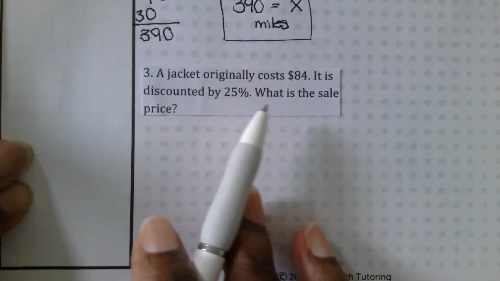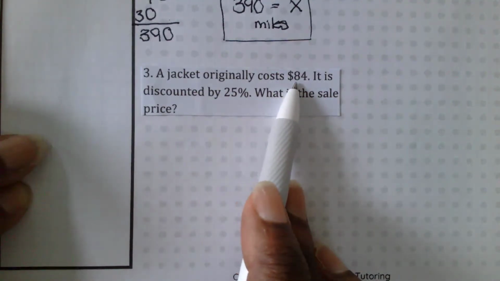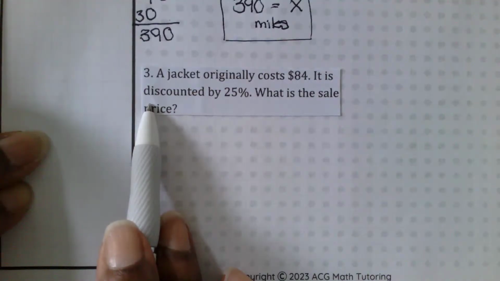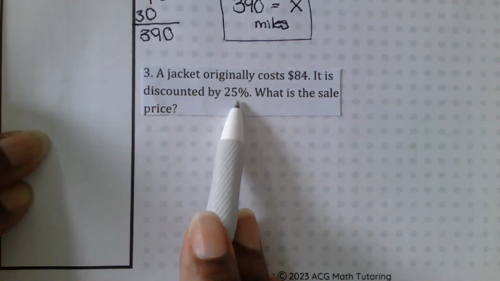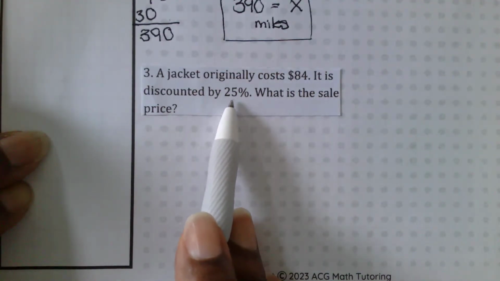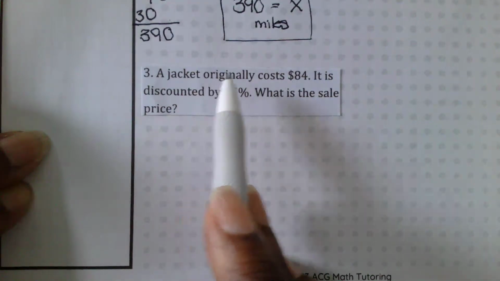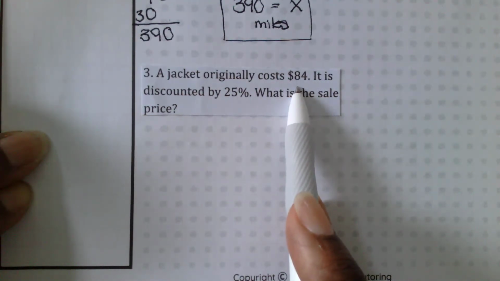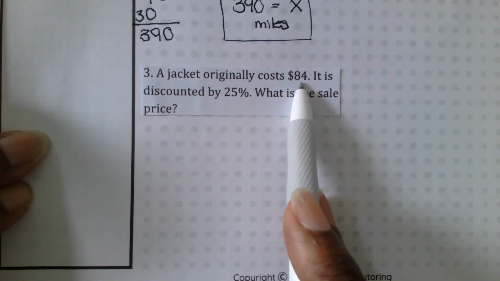So if we have a jacket that's $84, when you're discounting by 25%, that means 25% is coming off the $84. But what percent remains? It's going to be 75%.